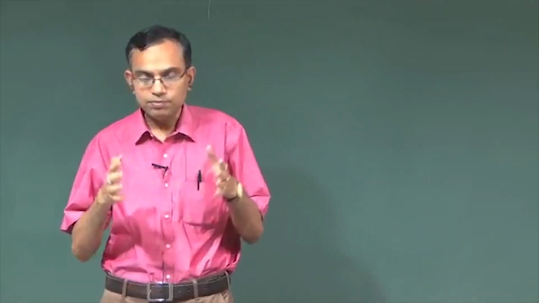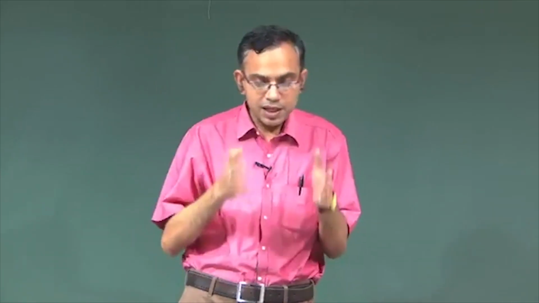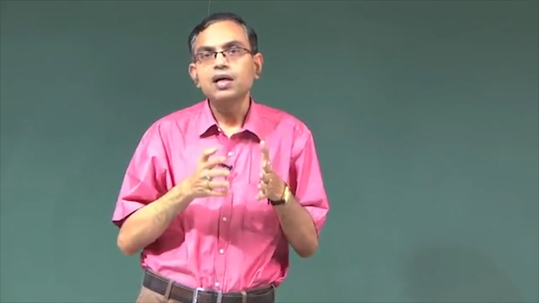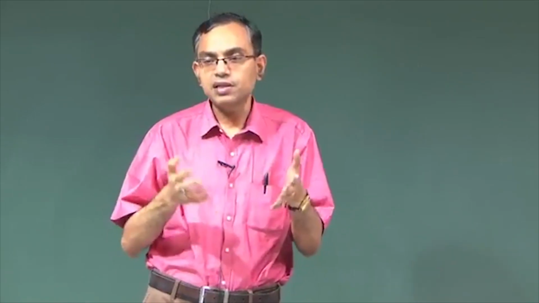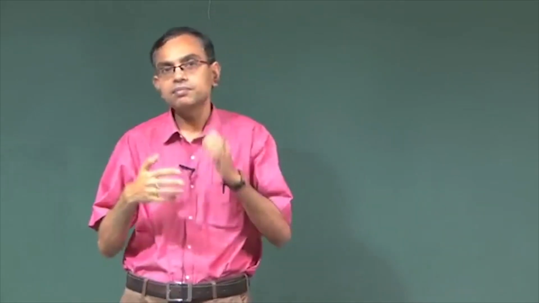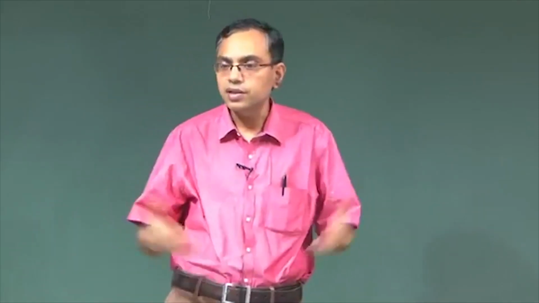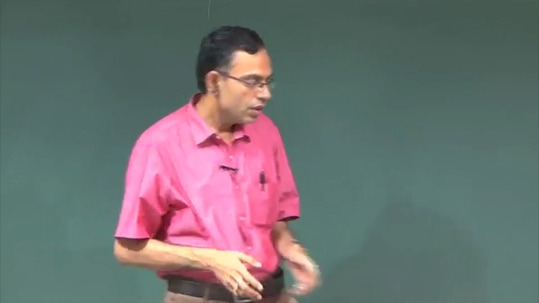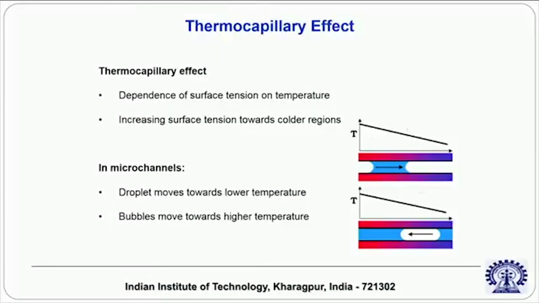So to summarize, the basic is surface tension driven flow, but you can also have gradients in surface tension by having gradients in certain field variables like temperature, concentration and so on. With this little bit of background, we will start with how a temperature gradient can be used to drive a flow by creating a surface tension gradient.